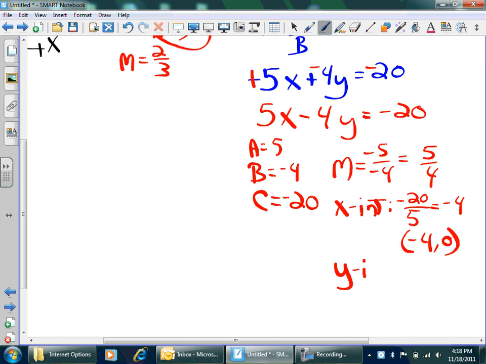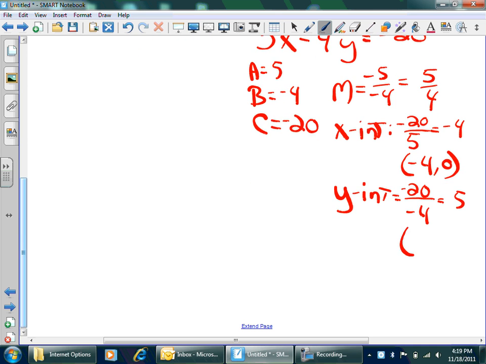The y-intercept is going to be c, negative 20, divided by negative 4, which is going to be 5. And remember, that's on the y-axis, so that is the point 0, 5. I do not combine the negative 4 and the 5 into some kind of point. If I do that, I'm not on either axis, and therefore I don't have either intercept. Okay, that's that in a nutshell.